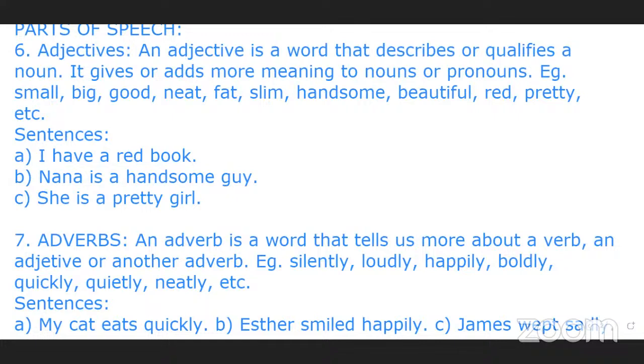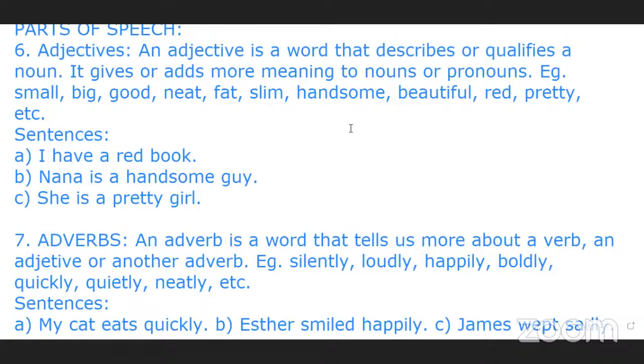Then adverbs. Adverbs are the words that tell us more about a verb, an adjective, or another adverb. Oh, in this adjective, the C was omitted. Okay. All right.